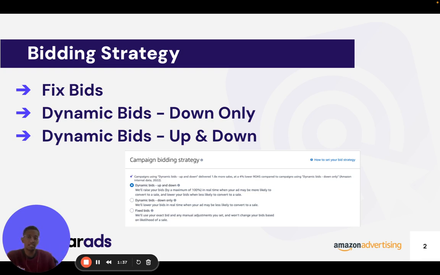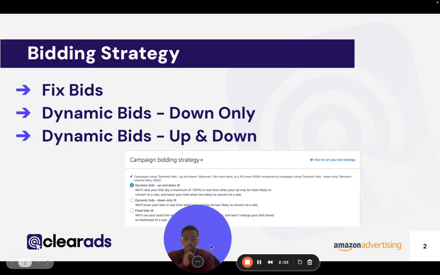We tend to stick to dynamic bids down only or fixed bids. Up and down means you have less control, especially if you're adding other tools to help with your management, and if these other tools do any type of bid automation. So this is something to certainly have in mind.